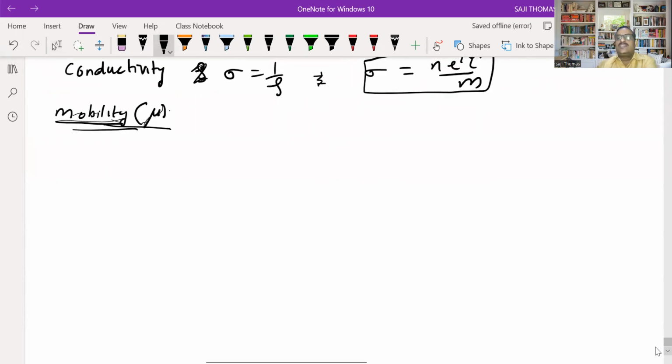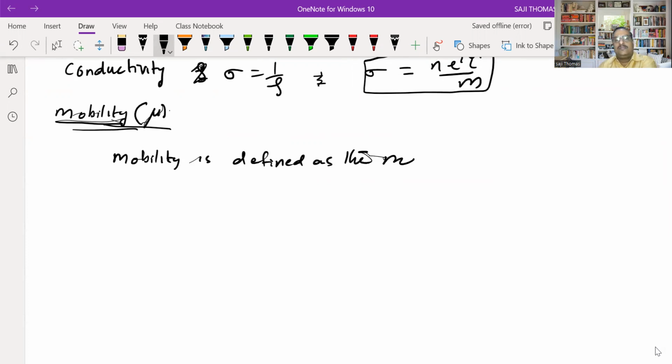Mobility is defined as the magnitude of drift velocity per unit electric field.